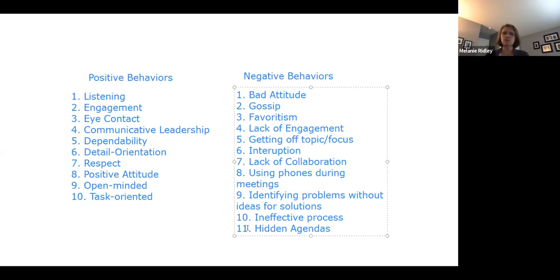So setting those norms, making sure that you're creating a culture within your meetings that values everyone's opinion, that underscores the importance of respect for one another, and is open to alternative perspectives, but also recognizing that at times we have some folks that have to be the ones to make a decision.